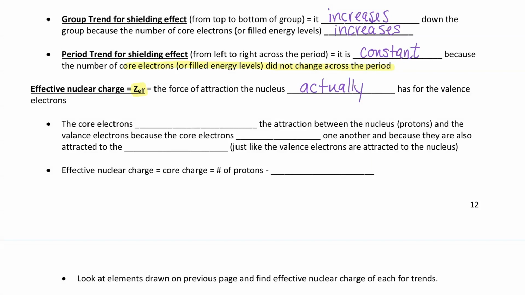Core electrons will weaken the attraction between the protons of the nucleus and our valence electrons, because the core electrons will repel one another, and they're also attracted to the nucleus, just like the valence electrons are.